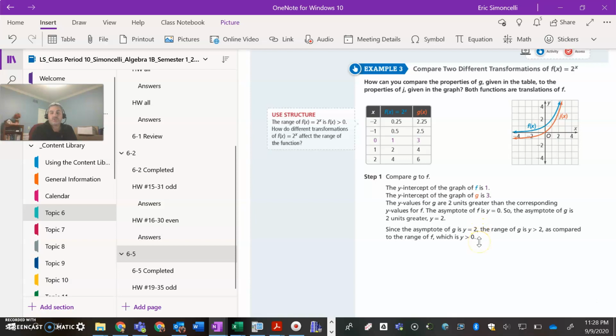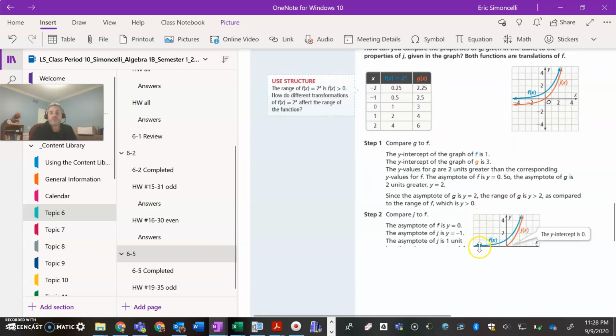Since the asymptote of g is y equals 2, the range of g would be simply y greater than 2 as compared to the range of f, which is y greater than 0. So the graph of f nicely speaks to the fact that there is a quote-unquote horizontal asymptote line that you can't see, of course, but it's limiting how these function values progress as x approaches negative infinity.